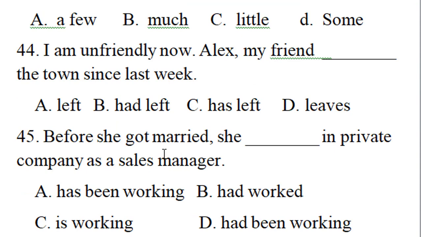Before she got married, she belonged to a private company as a sales manager. "Has been working" is present perfect continuous, an activity happening during the time we're speaking, but "she got married" is simple past. So which is right here? Had been working, past perfect continuous.